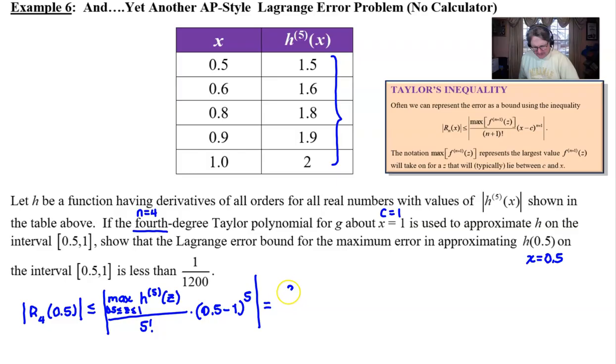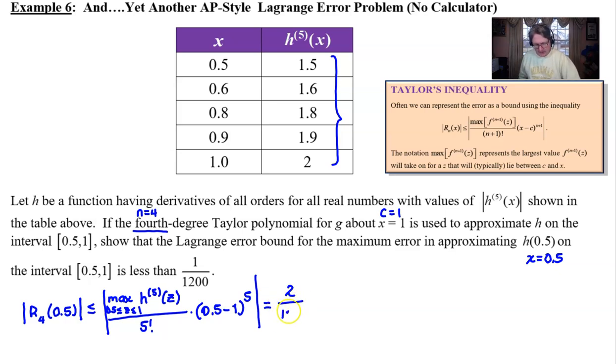I believe there could be some issue here where you could read a little too much into the problem and think, could there be a 2.1 somewhere in the middle? Maybe it wouldn't be a bad idea if the directions said the fifth derivative of h values are increasing, just so that we are aware of that. But in this case, we're going to rely on 2 being that maximum.